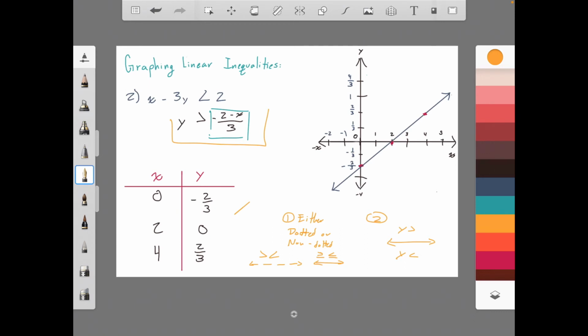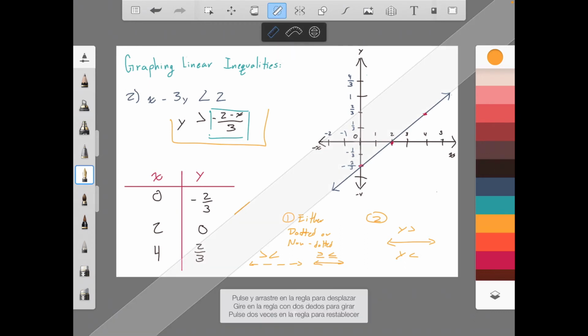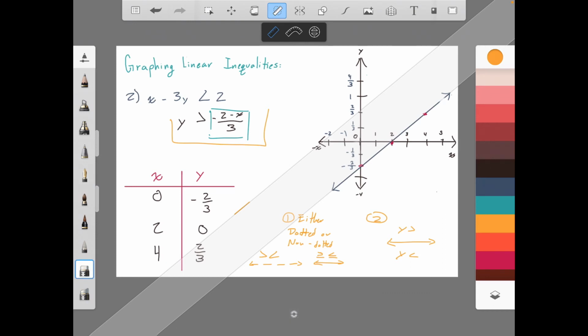Okay, and now first we have to do the line. Since it's greater than instead of greater or equal than, we have to make this line a dotted line. Okay, so I'm going to erase some points. And now that I've erased some points, we have a dotted line.